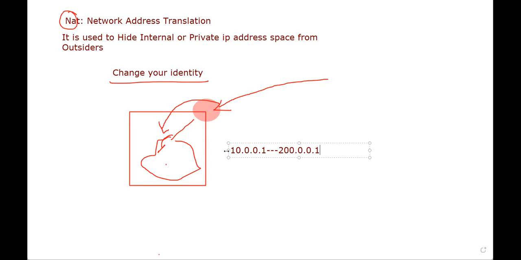So it is used for security. NAT is basically used to hide internal IP address space from outsiders. In this, we are not blocking the network, but we can hide our internal IP address space.